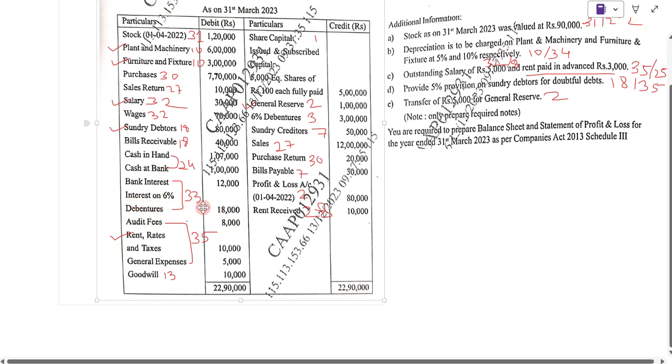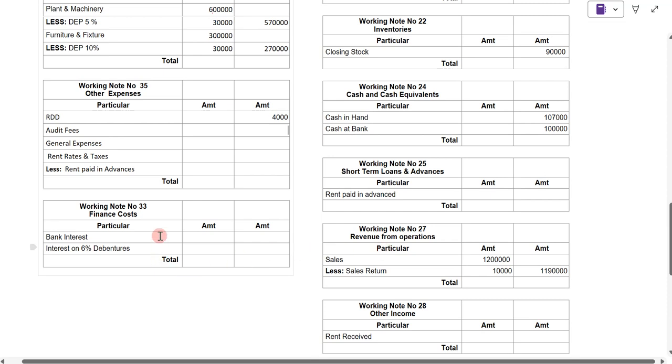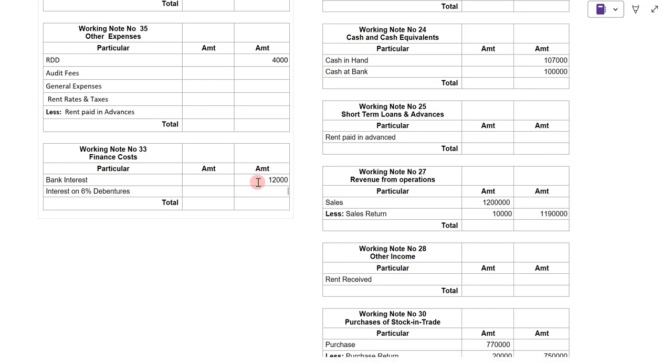Both will come in note number 33, that is finance cost. Bank interest 12,000, interest on 6% debentures 18,000.